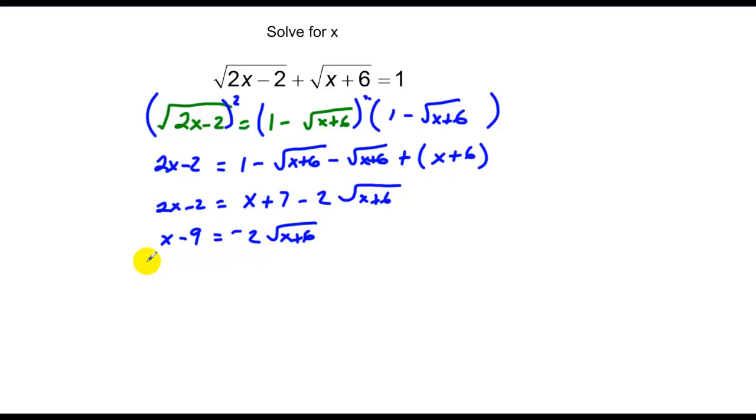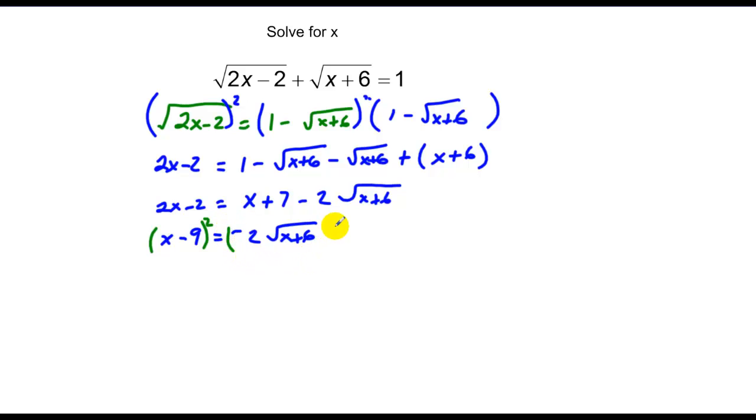I could divide by negative 2, but then I bring fractions into the problem. In this case, I can't totally isolate that radical, but this is close enough. I'm going to square both sides again because I do want to get rid of that radical.